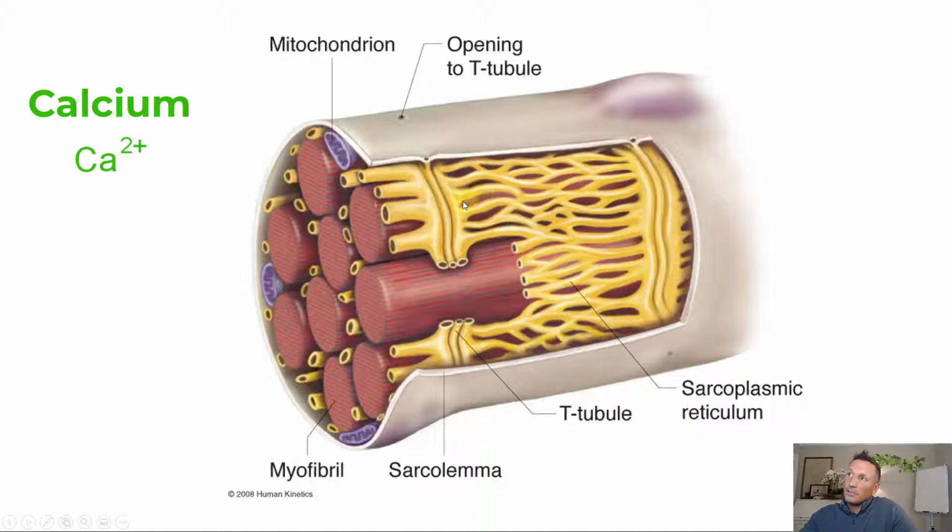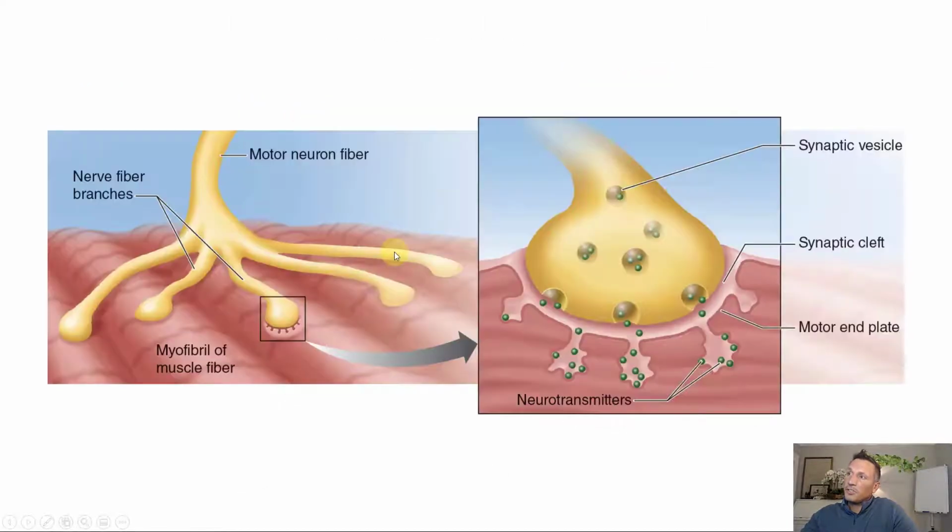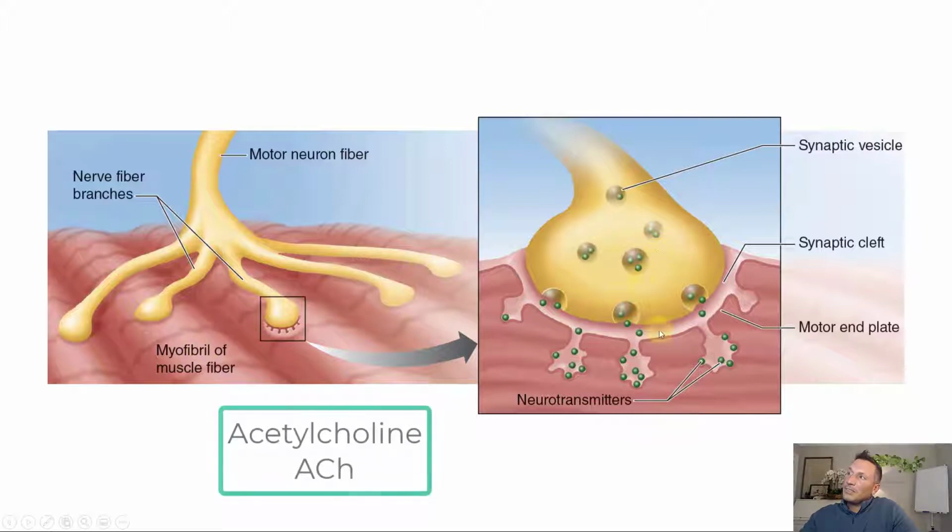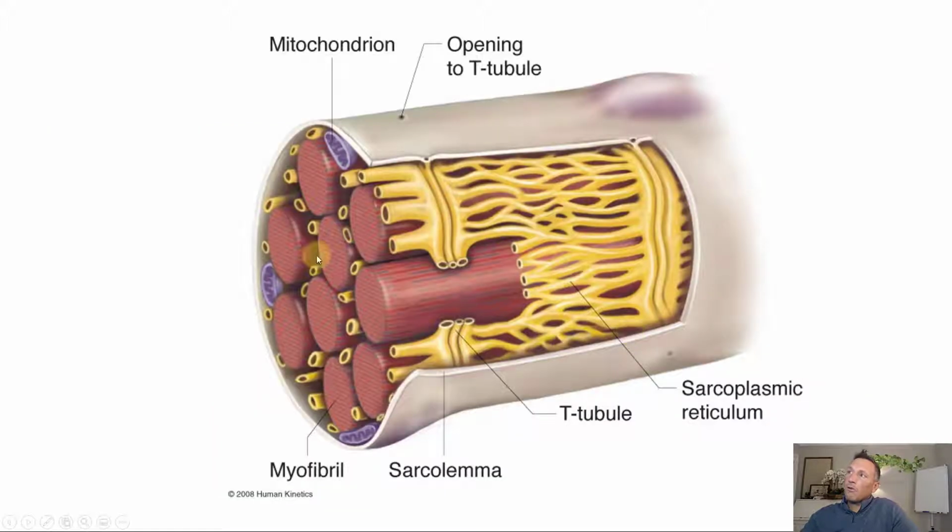What will happen is you have this T-tubule here, and you have this neuromuscular junction, and the motor neuron is coming down and connecting to all the muscle fibers, making the motor unit. It is releasing the neurotransmitter acetylcholine, which continues the action potential down the T-tubule, and that action potential forces the sarcoplasmic reticulum to release calcium.